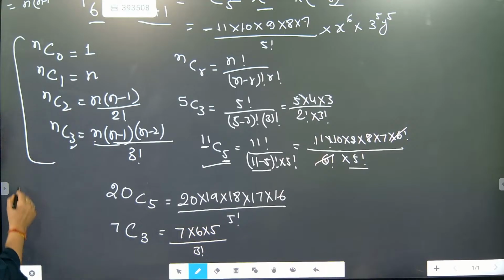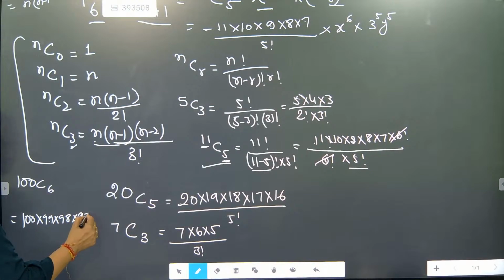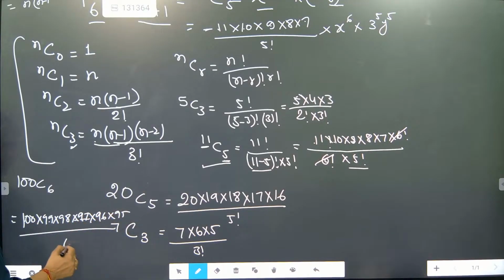If somebody says 100C6, then 100 into 99 into 98, 6 times, 1, 2, 3, 4, 5, 6, divided by 6 factorial. So this will become the expansion.